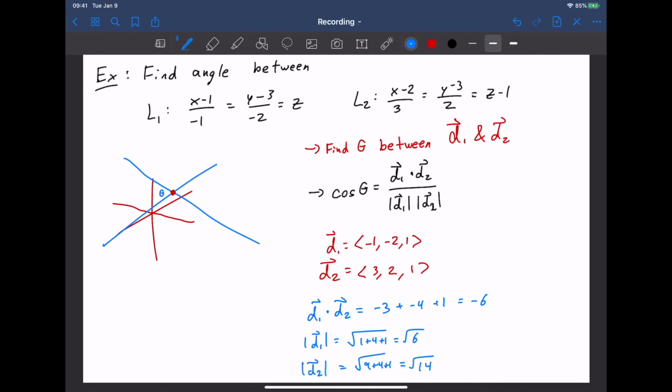So cosine theta, I'm going to go way back up here so I don't run out of room. Cosine theta is negative 6 over root 84. And theta, the exact value would be the cosine inverse of this monstrosity. For those of you who are curious, it is about 130.893 degrees, or 2.285 radians.